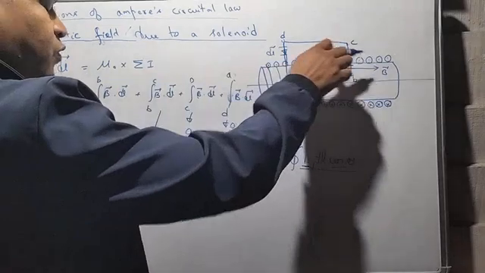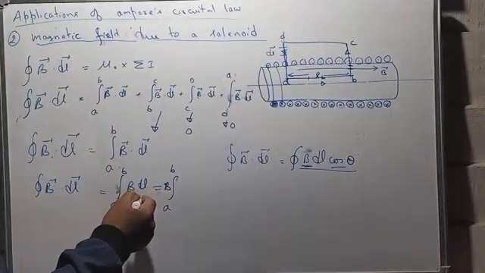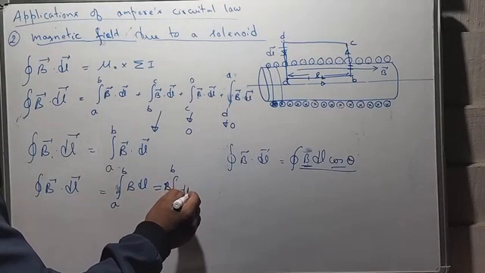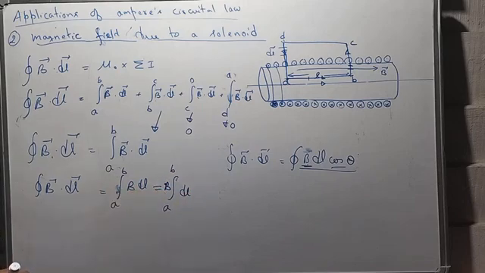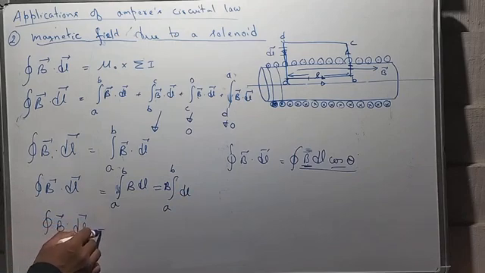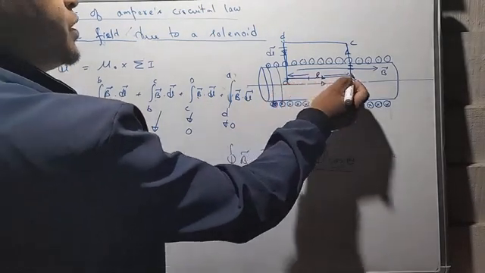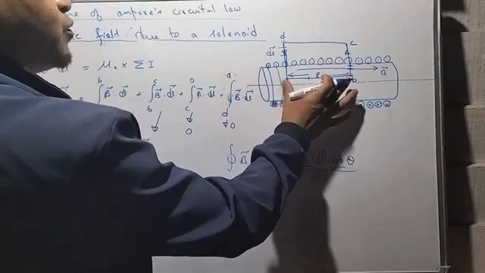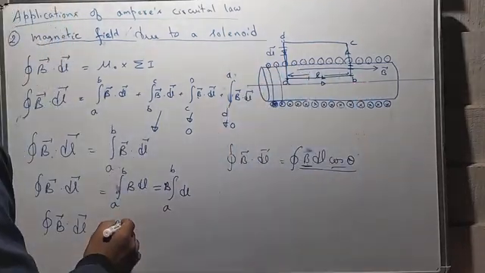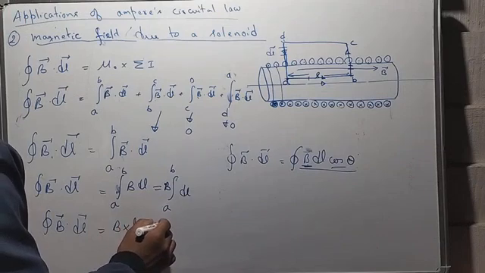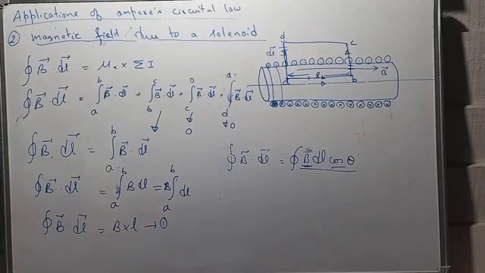So I will take B outside the integration sign and integrate only dl. Now this integration B dot dl becomes B times the integration from A to B. From A to B, if you integrate, you will get the total length L, so B times L. This is my equation number 1.